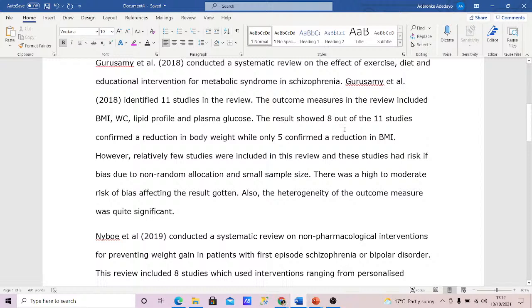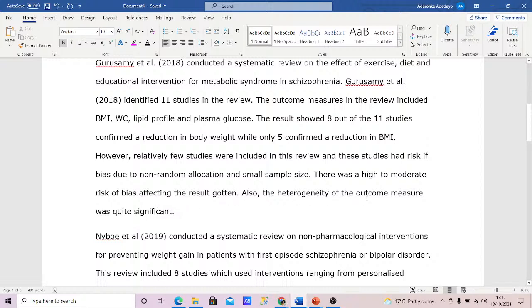The results showed 8 out of 11 studies confirmed a reduction in body weight, while only 5 confirmed a reduction in BMI. However, relatively few studies were included in this review, and these studies had risk of bias due to non-random allocation and small sample size. There was a high to moderate risk of bias affecting the result gotten.